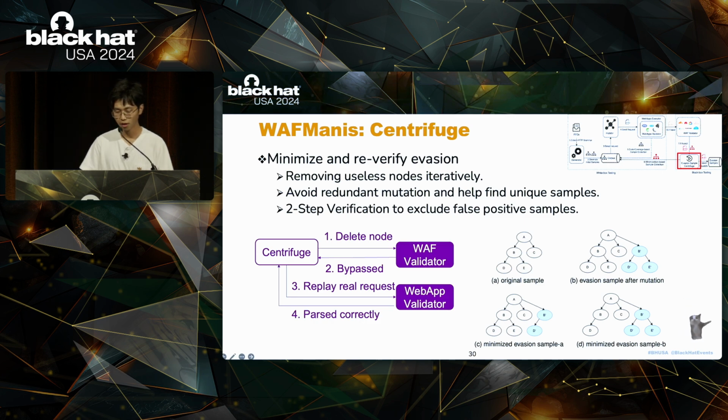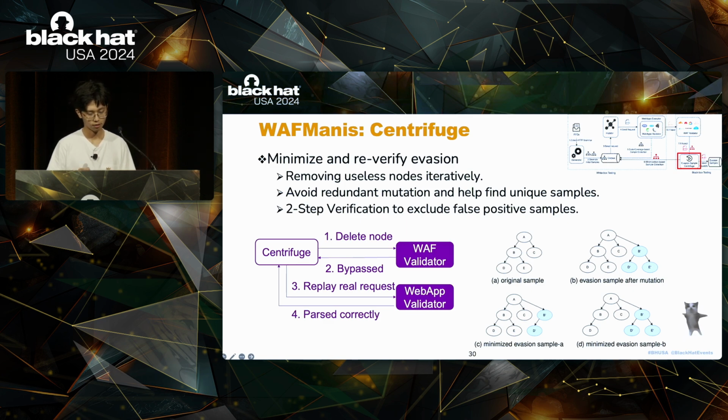The main idea of Centrifig is to iteratively remove a node in the AST and resend the changed test input to the validator. After removing non-contributing nodes, we can find unique samples. For example, sample B is an evasion case. So after deleting the nodes, Centrifig will minimize sample A and sample B.